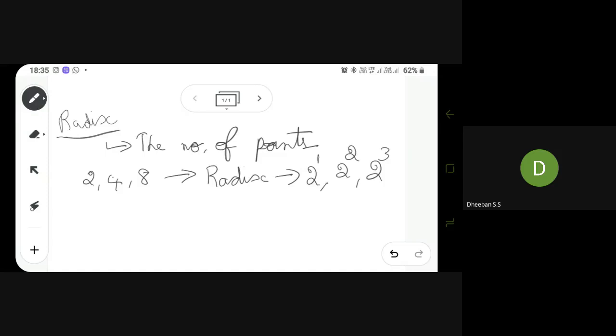In today's topic, we are going to see about a special case, a DFT of different radix.